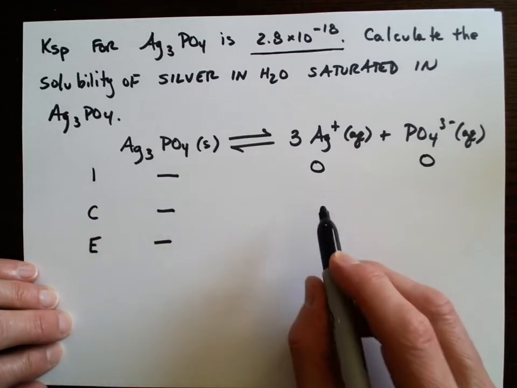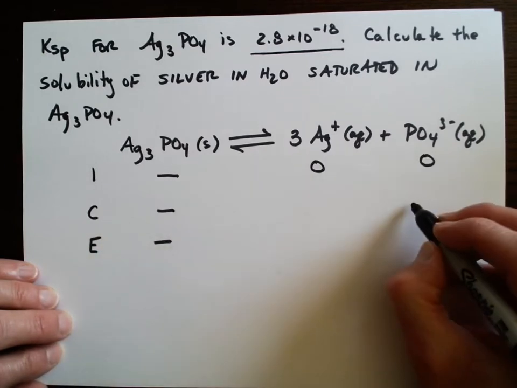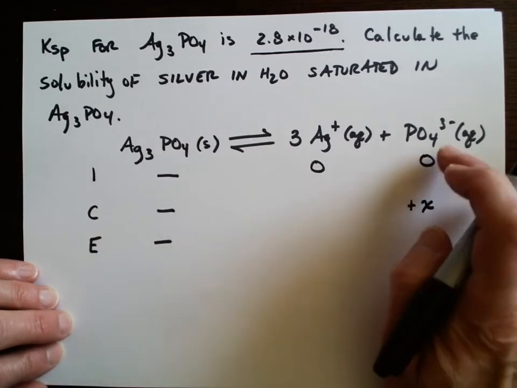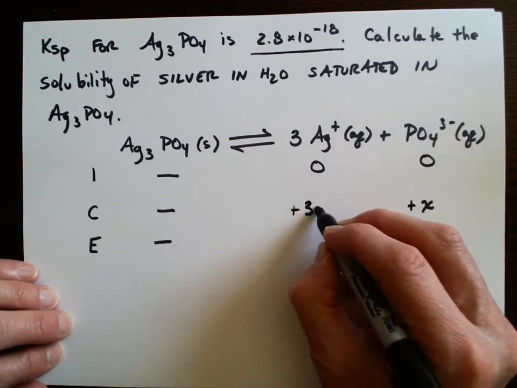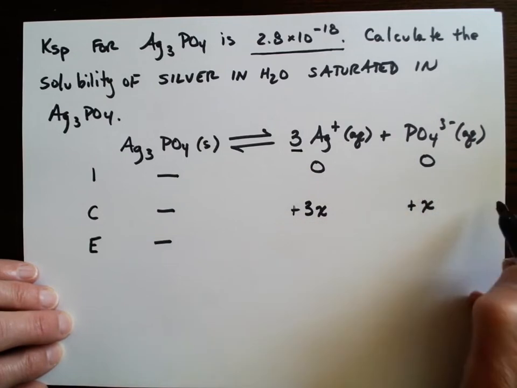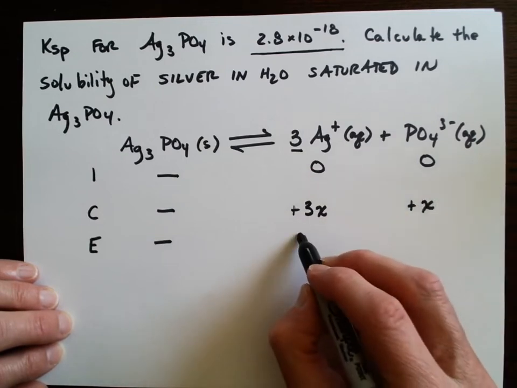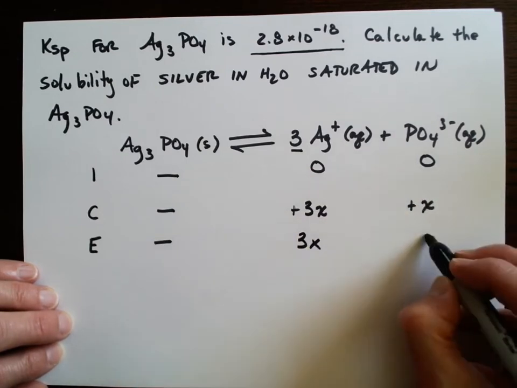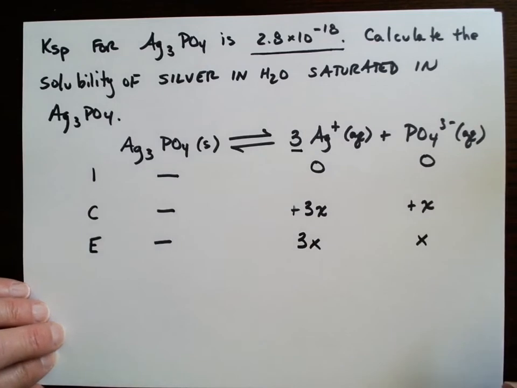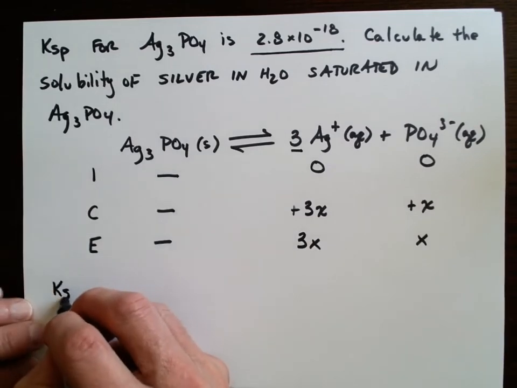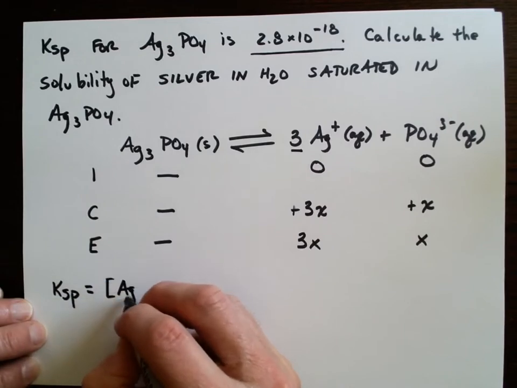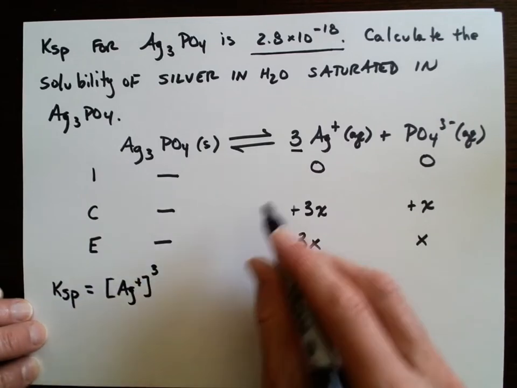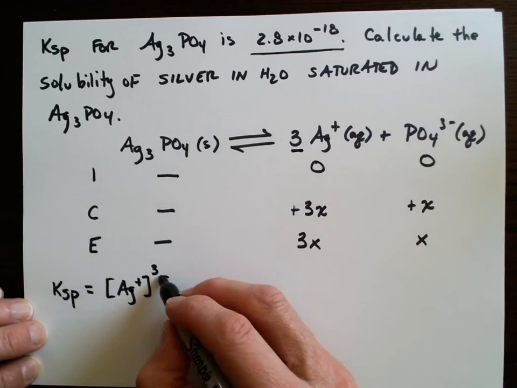The change, notice, for every X amount of phosphate that I gain, I'm going to gain 3 times the amount of silver. I hope you see that from the reaction stoichiometry. That means at equilibrium, I'll have 3X silver and X phosphate. So let's see, KSP, how am I going to write that? Well, that's going to be the concentration of silver cubed times the concentration of phosphate.